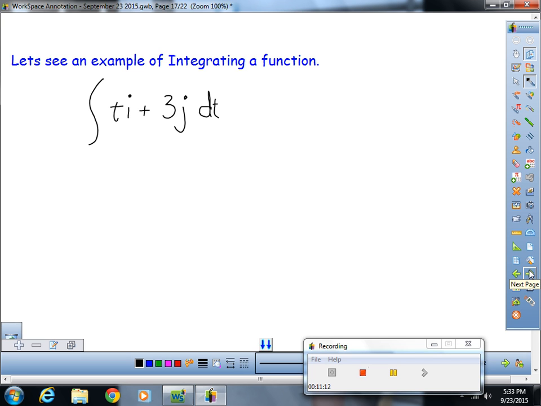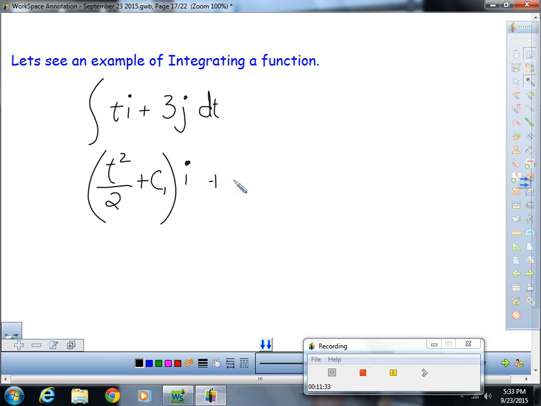Let's try an example. So, the integral of t i plus 3 j with respect to t. Well, that's going to be t squared over 2 plus c. We'll call that c1 i, okay, plus 3t plus c2 j.